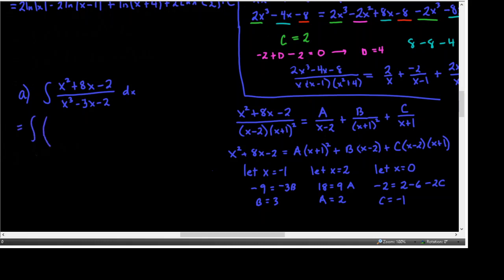Okay, so that means that this integral can be thought of as the integral of a, which is 2, over x minus 2, plus b, which is 3, over x plus 1 squared, plus c, which is negative 1, over x plus 1, dx.